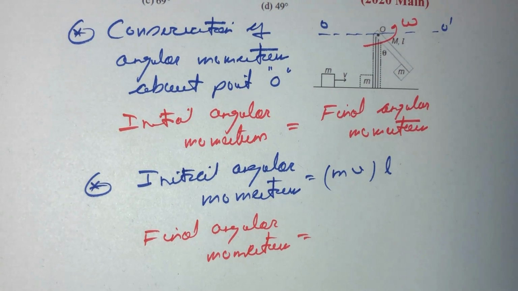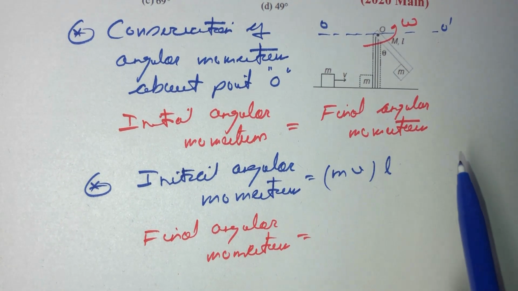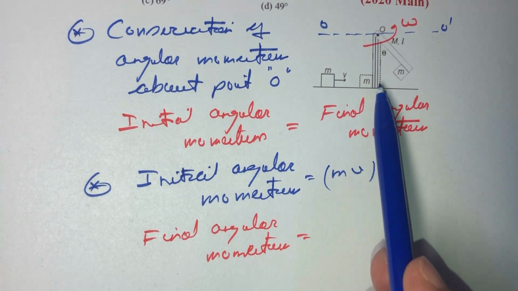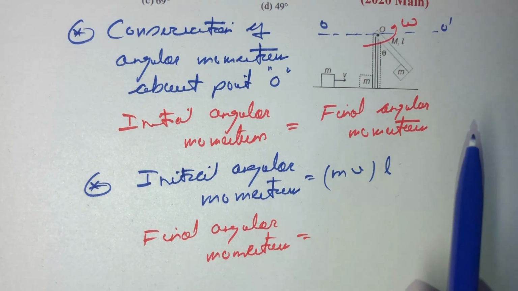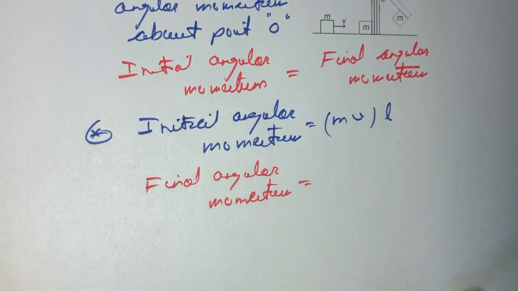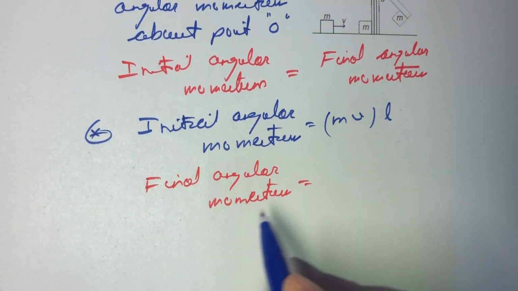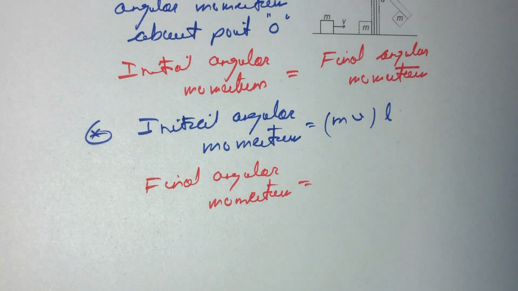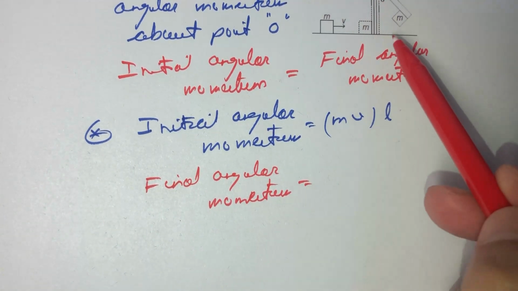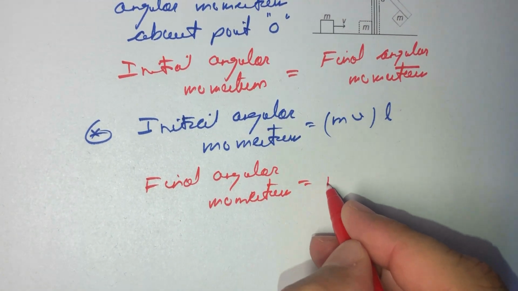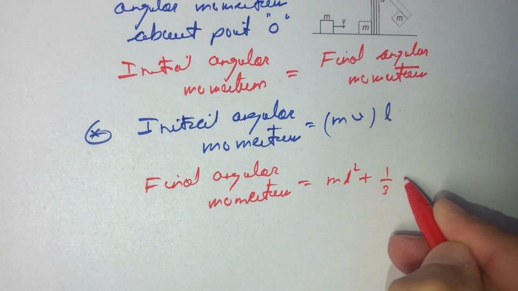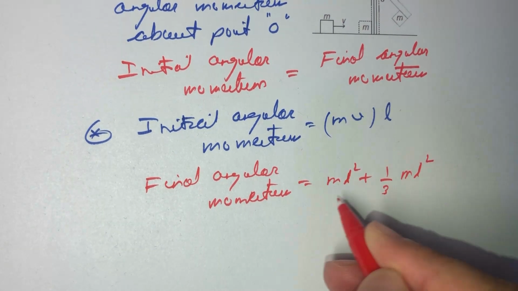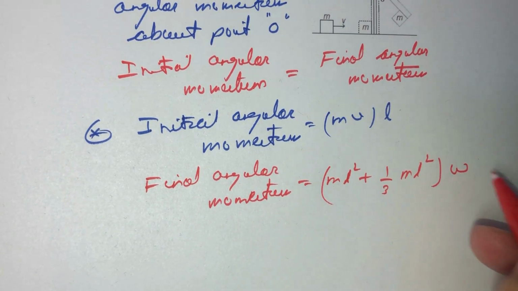So we are going to have angular momentum because of the mass m and angular momentum because of the rod as well. So the final angular momentum will be equal to mL square plus 1 by 3 capital M L square, multiplied by the angular velocity omega.